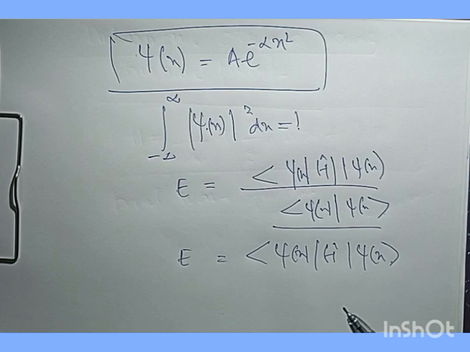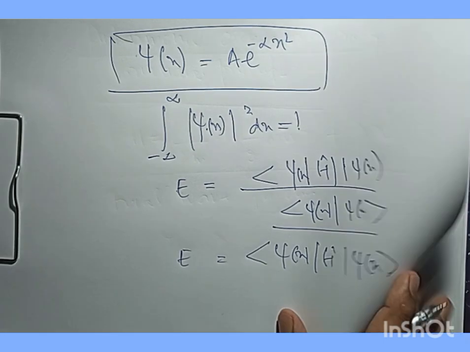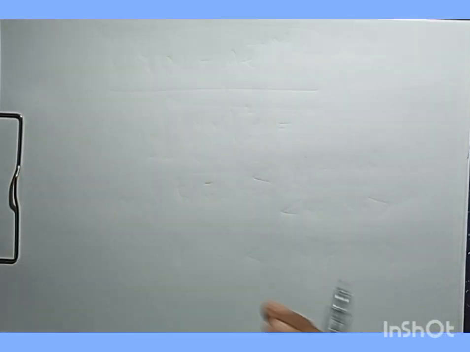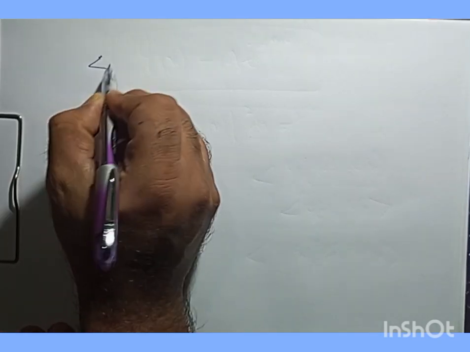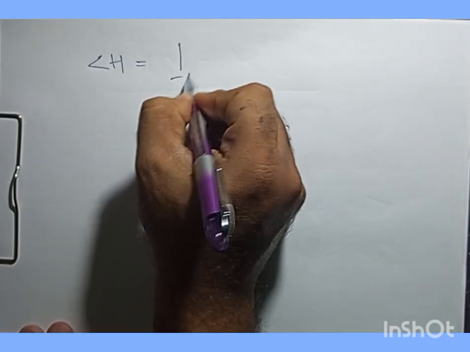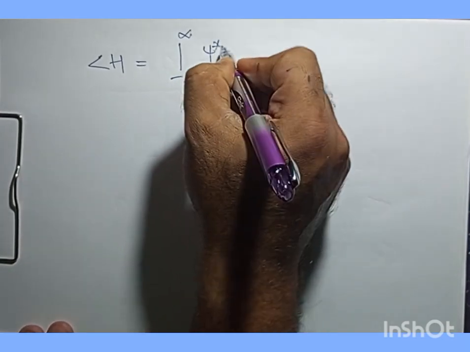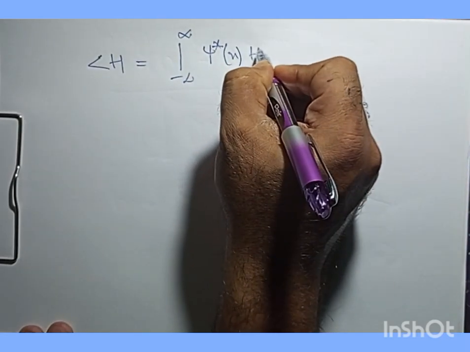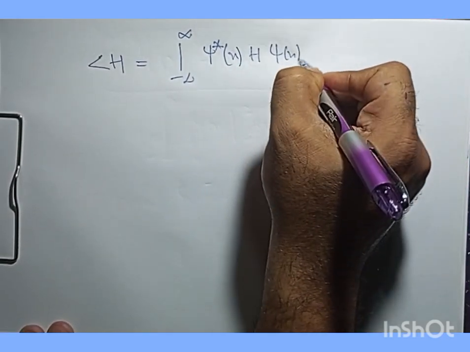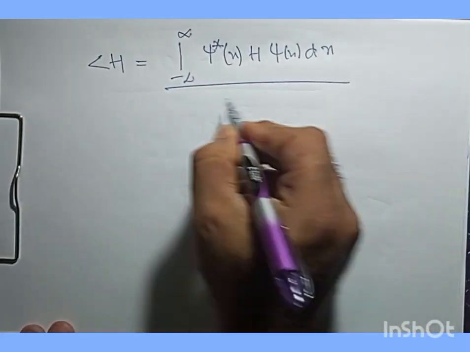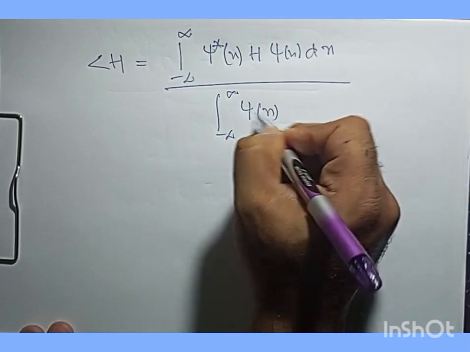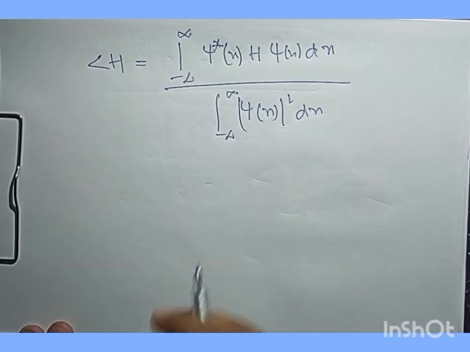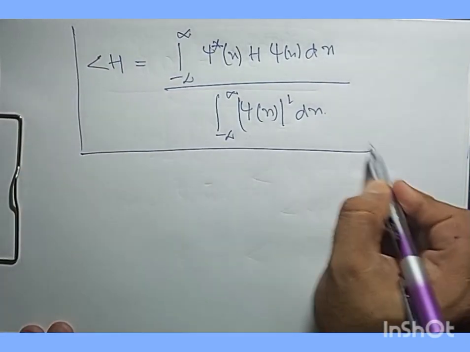Now, to find this expectation value, we calculate E trial as the integral from minus infinity to infinity of psi star of x, then the Hamiltonian, then psi of x, dx, divided by the integral from minus infinity to infinity of psi of x whole squared dx. Now what happens to this expression?